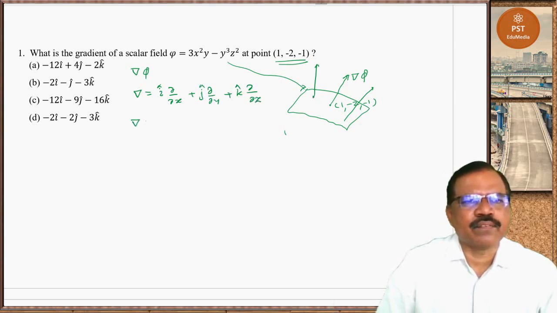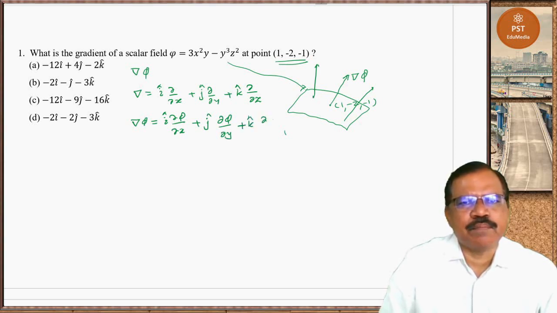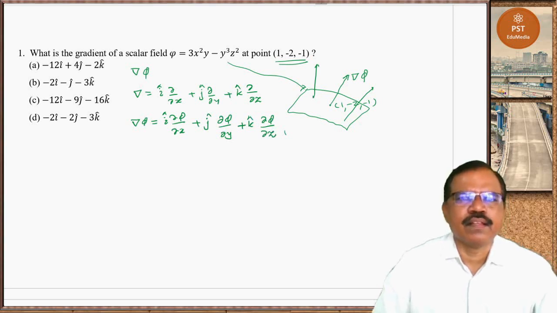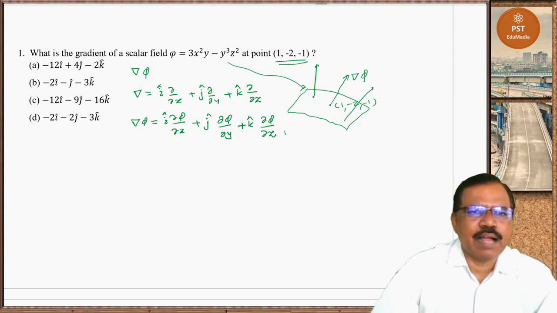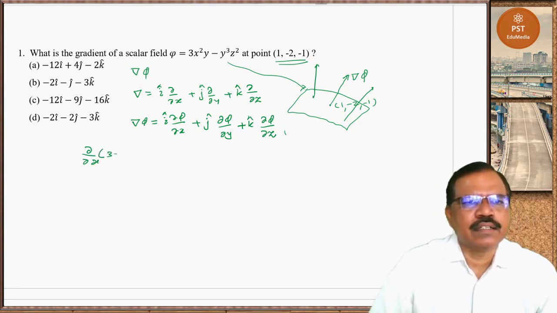So del phi, here phi is scalar but del phi is a vector quantity: i del phi by del x plus j del phi by del y plus k del phi by del z. This is the gradient. Phi means 3x square y minus y cube z square.